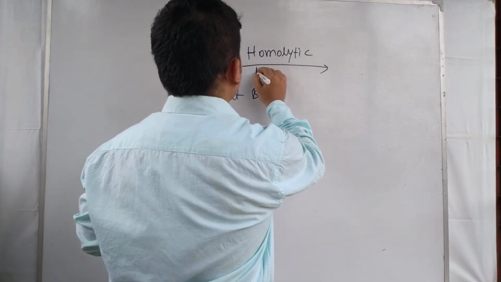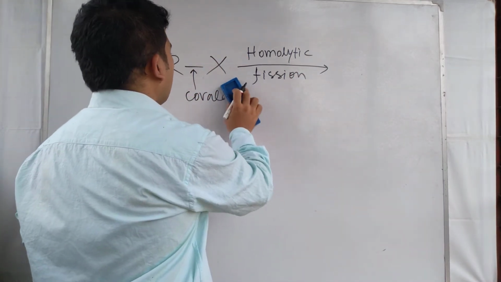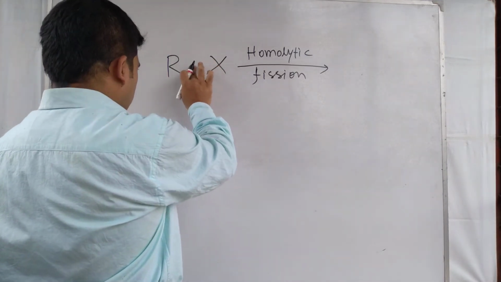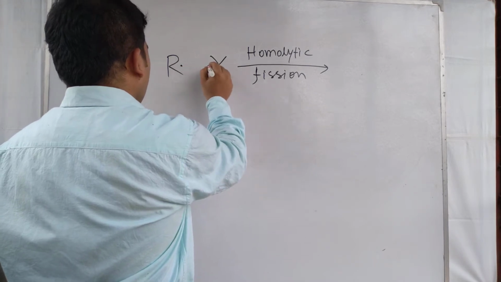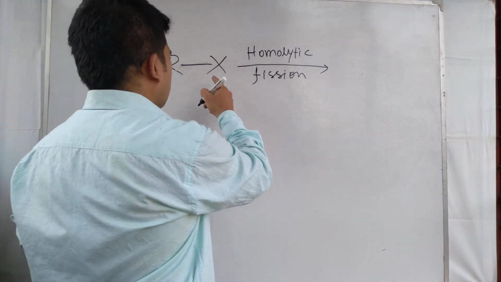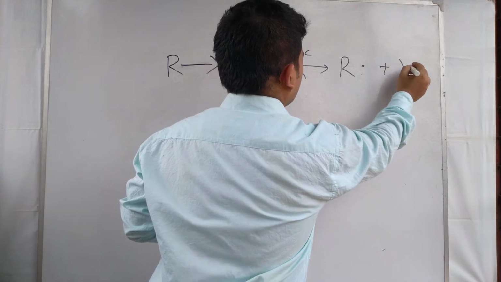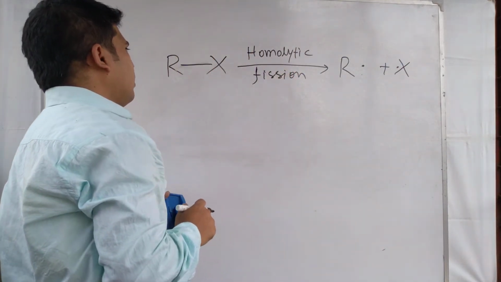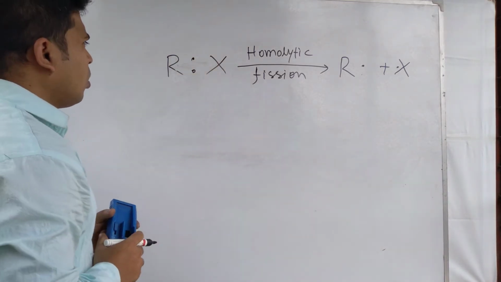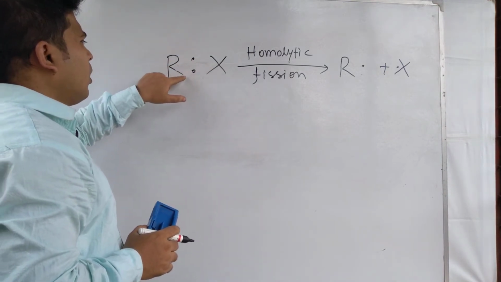homolytic fission. In homolytic fission, what do we see? We see that this covalent bond between two atoms will break, and the two atoms are separated by equal electron, meaning 1 electron, because we know that one bond means 2 electrons, shared by both atoms, one coming from each atom.